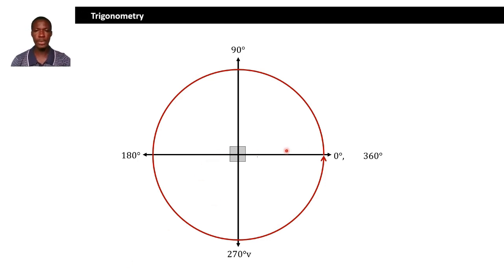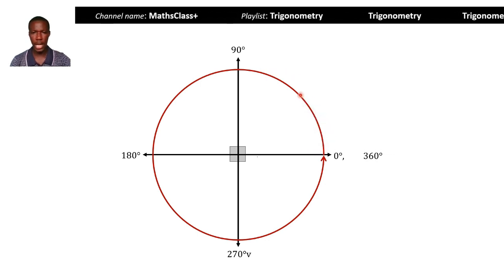Now, as we said earlier, on the x-axis, because it is exactly on the reference point, the angle is 0 degrees. And so as we move in anti-clockwise direction, the angle will be increasing. When we get to the positive y-axis, we get 90 degrees. We keep on moving.